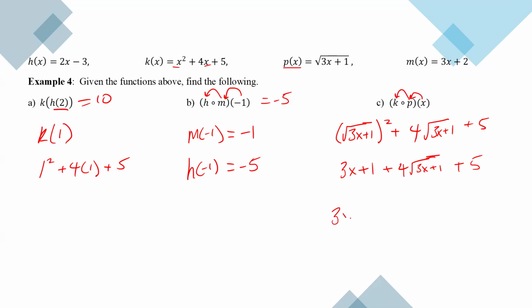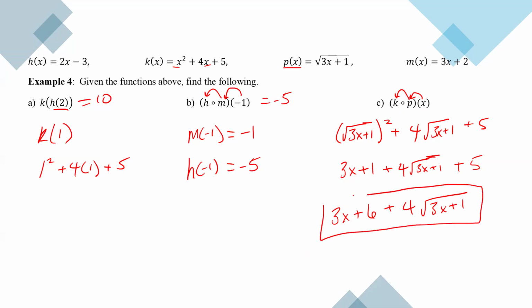So we now have 3x plus 6 plus 4 square root of 3x plus 1. And you can't simplify. There's nothing else you can do. I can't combine any more like terms. I can't reduce anything. This is where you stop, and that is okay. There is a stopping point.